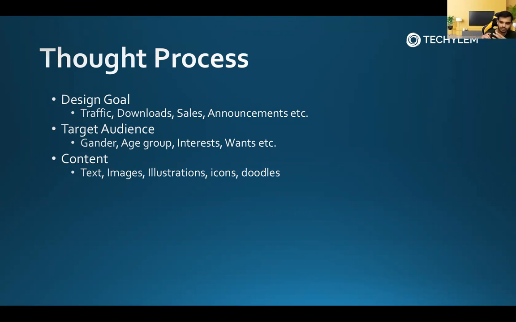And are there going to be some patterns or doodles in the background or in the foreground. So this kind of content I have to create, I have to gather, and then design elements from the content.